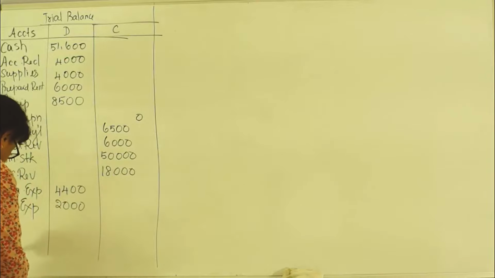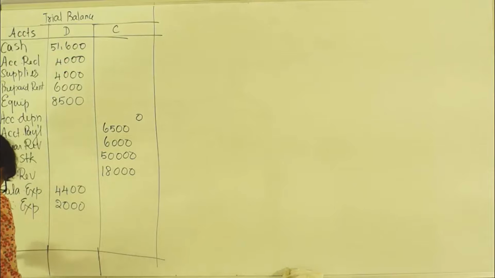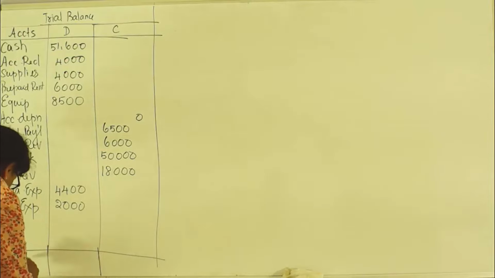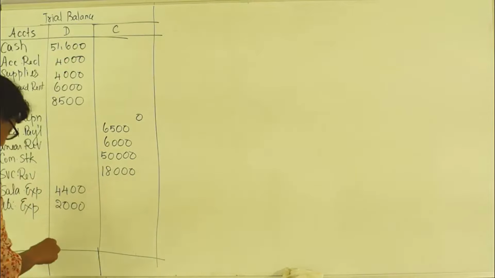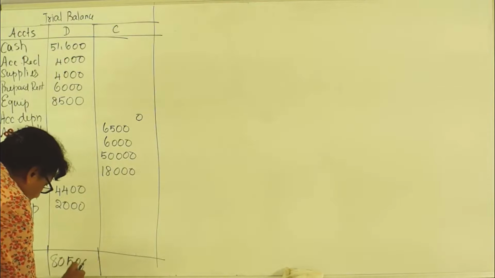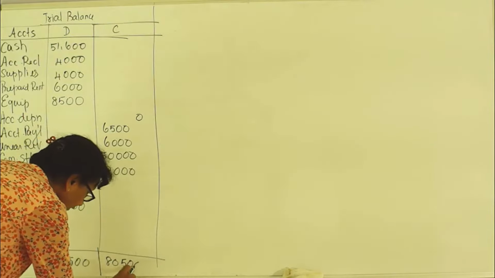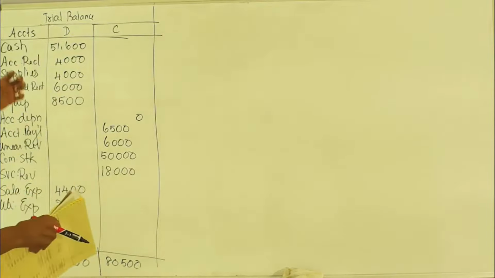So finally you add up the totals, and the total in the trial balance is 80,500 on the debit side and 80,500 on the credit side.